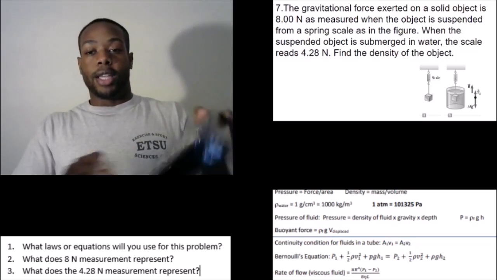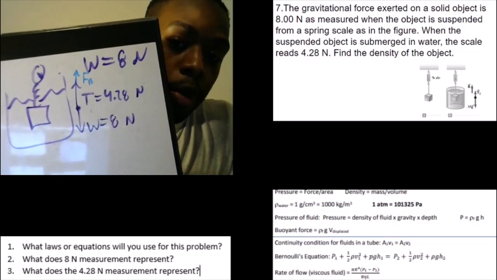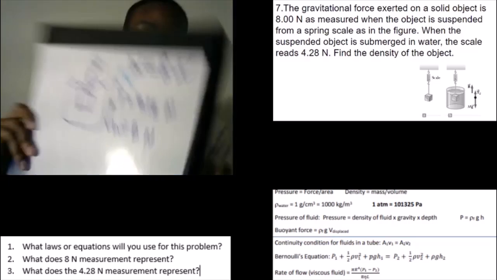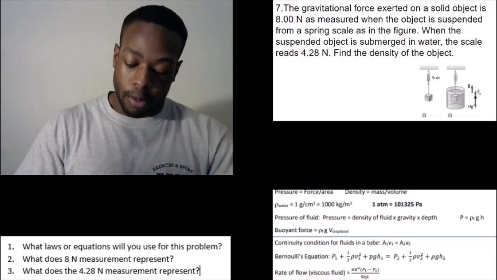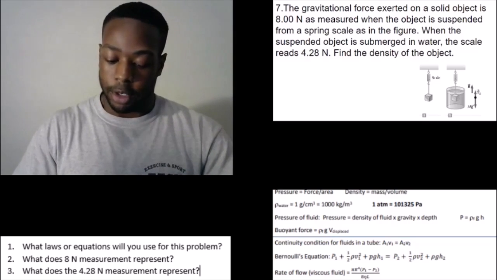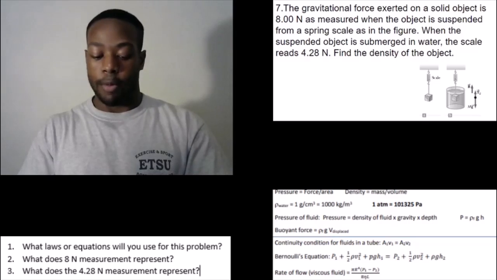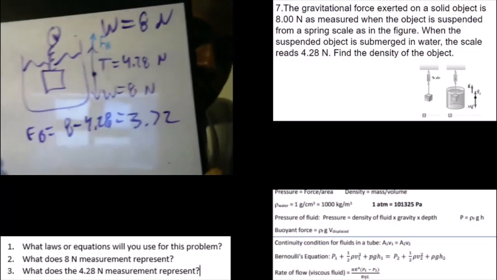So you'll see that the buoyant force and the tension should counteract the weight, right? So if we do 8 minus 4.28, we can get our buoyant force. So 8 minus 4.28 will give us our buoyant force, which is 3.72 newtons.